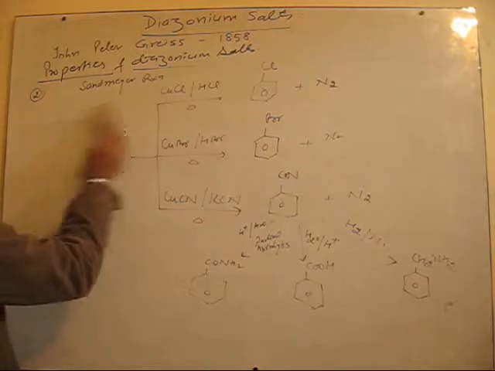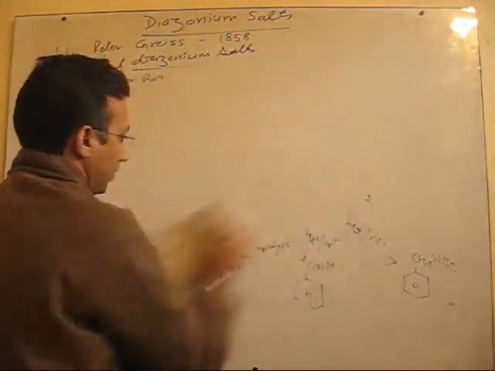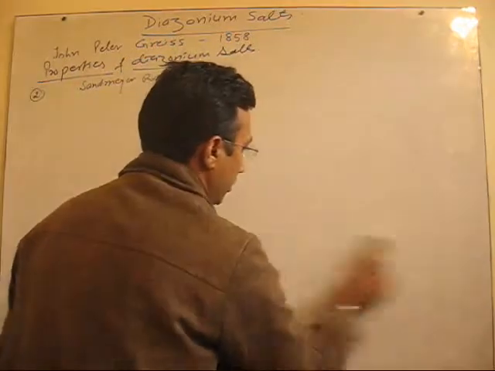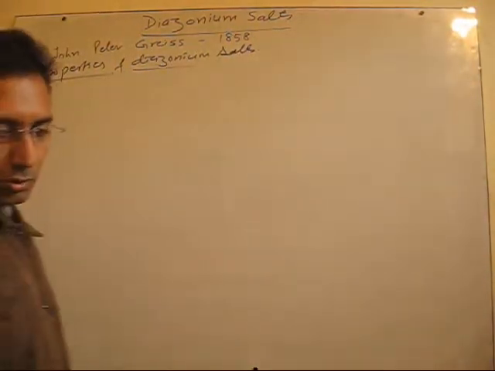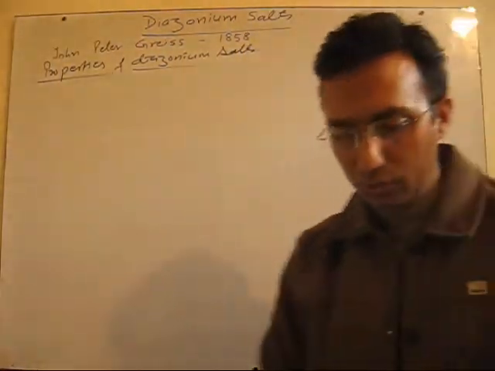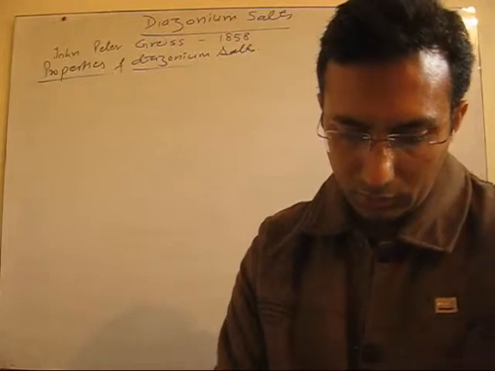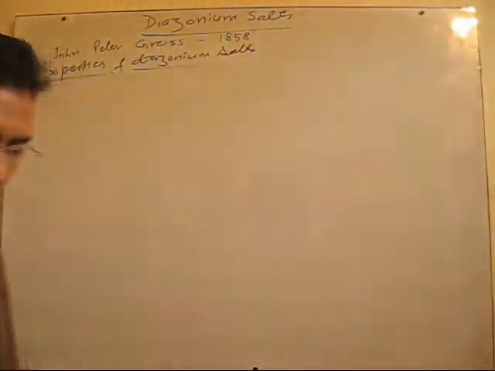So these are the reactions in which nitrogen is replaced by some other atoms or group of atoms. So one more reaction we have in which there is a replacement.